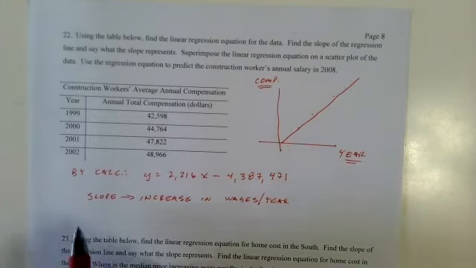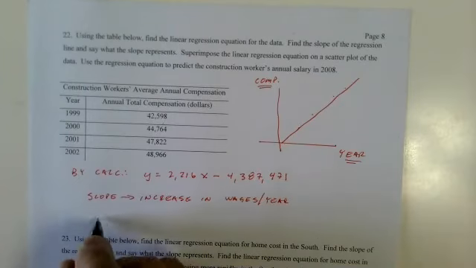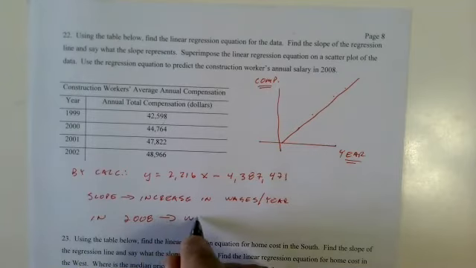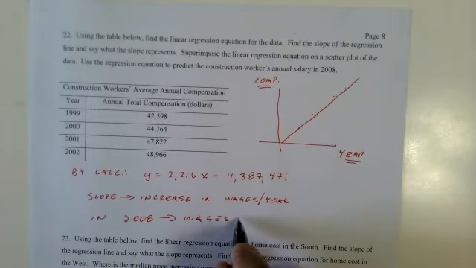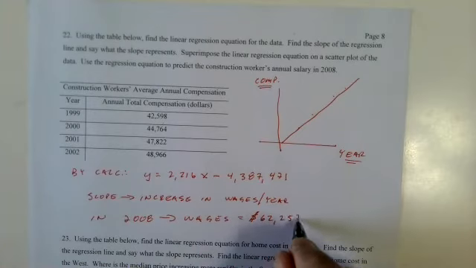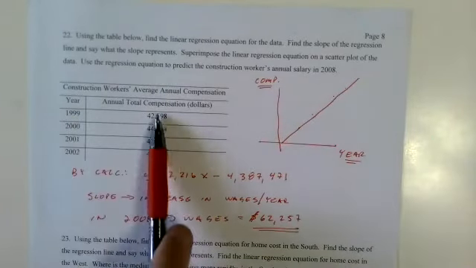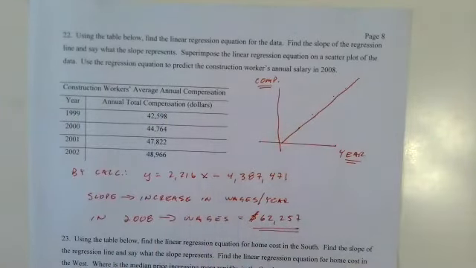And if I slap in 2008, I should get, once again, should go to 3 decimal places, but here I just left it as to the nearest dollar because that's what they gave us.